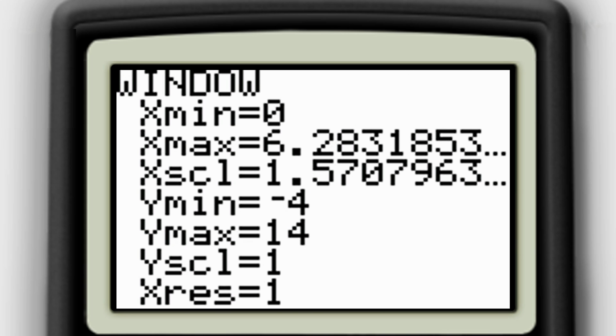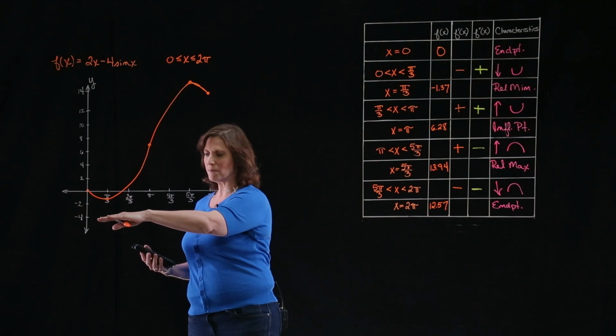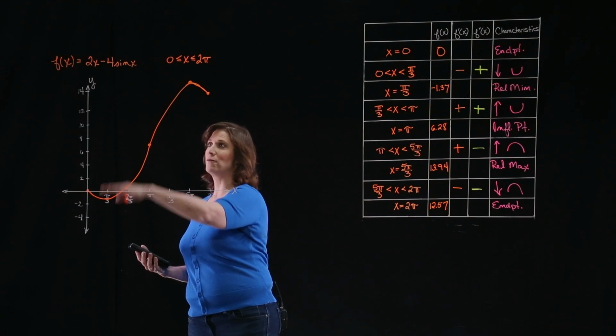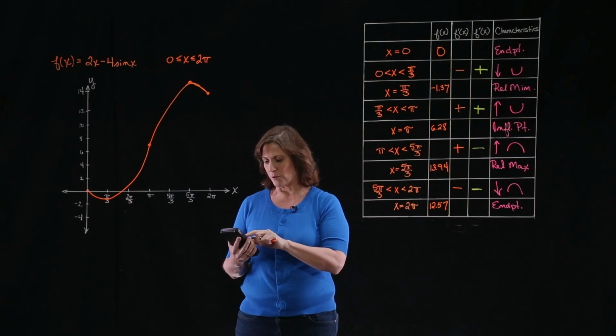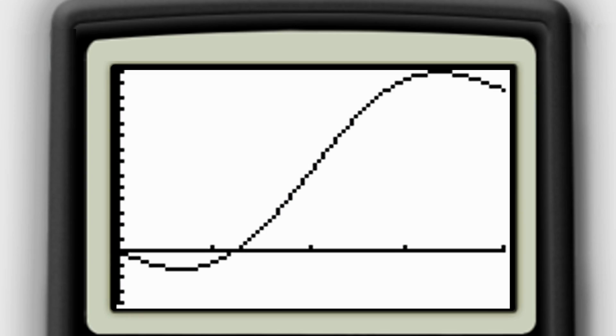And the nice thing about graphing this ahead of time by hand, I have a pretty good idea what my window should be. Something between 0 and 2 pi would work well. And also, I'm going to want to have my y values go somewhere from, say, -2 to 14. So if you want to expand that a little bit and go from -4 to 15, say, that would work well. And when you go ahead and graph, you see that the graph looks just like what we found using just the calculus.